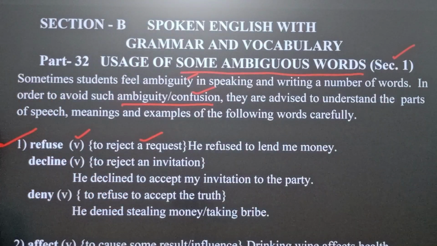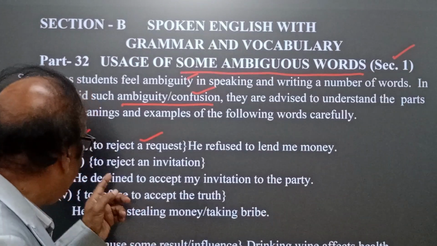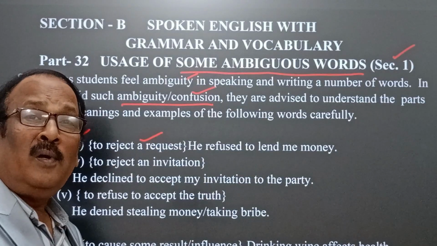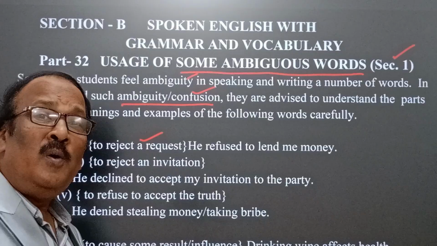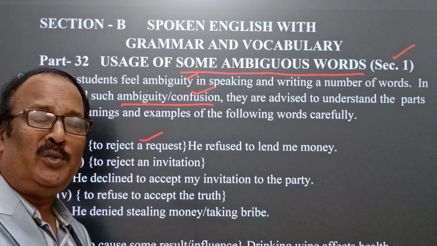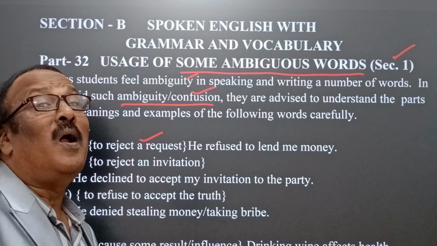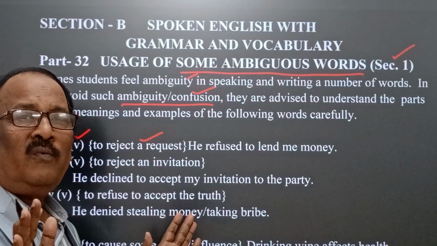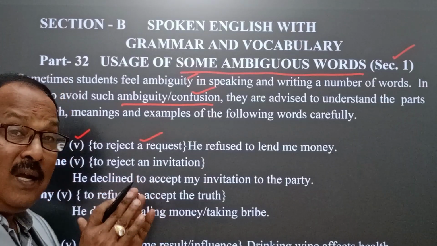And the other idea that you find is decline. Decline is also a verb, to reject an invitation. It means whenever somebody invites you, but you are not in a position to attend the party, picnic, or any feast, etc., then you decline the proposal.